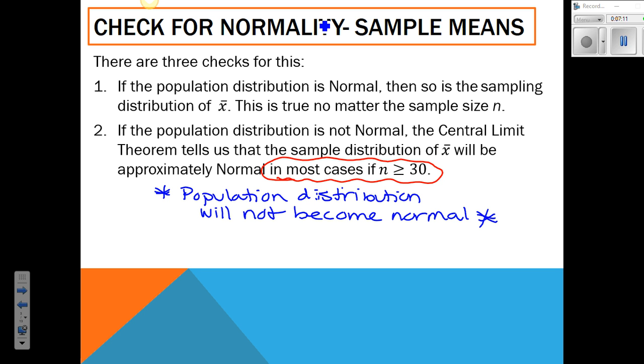We're not commenting on the normality of the population. What are we commenting on the normality of? The sampling distribution of x bar, right? Of the means. This is what we're talking about being approximately normal. Does that make sense? So you need to understand that the population distribution, unless it is already normal, will never become normal with sampling. Only the sampling distribution will.